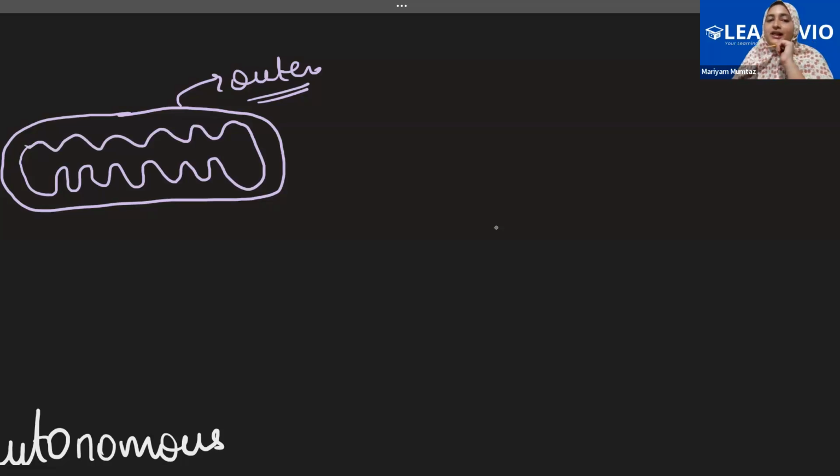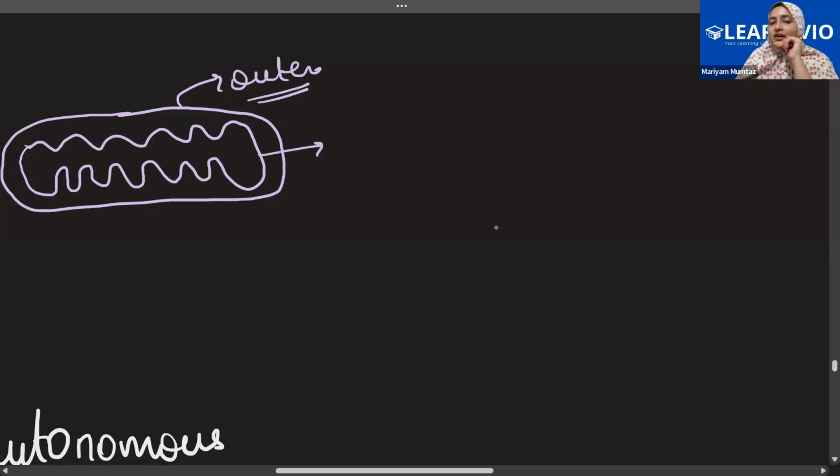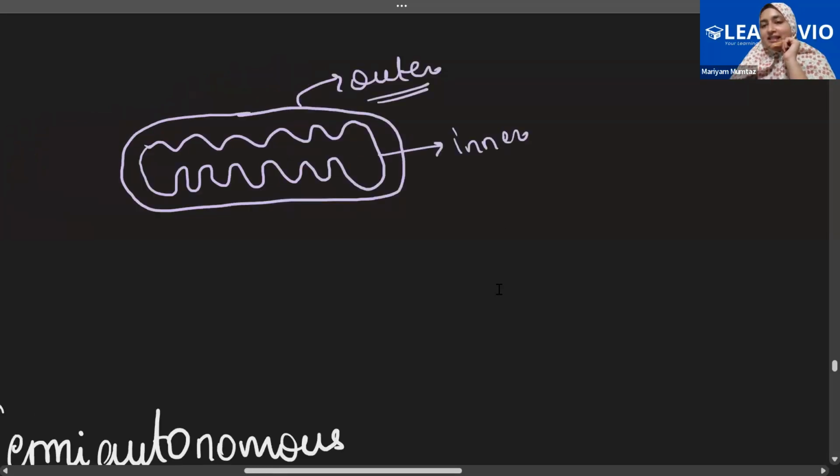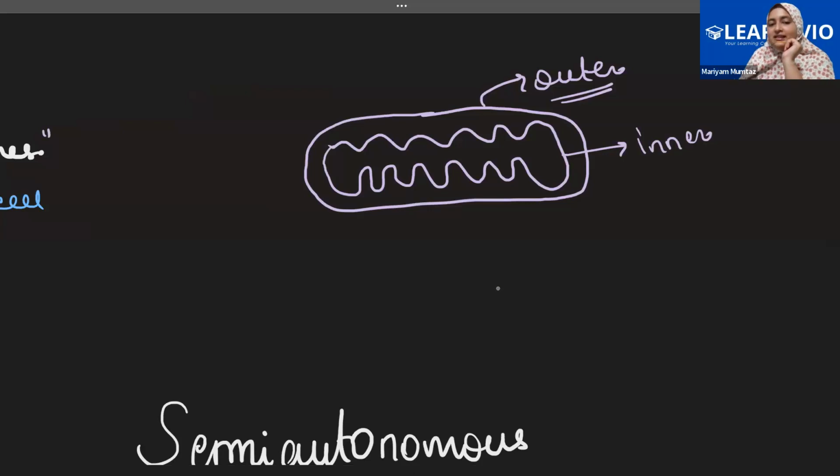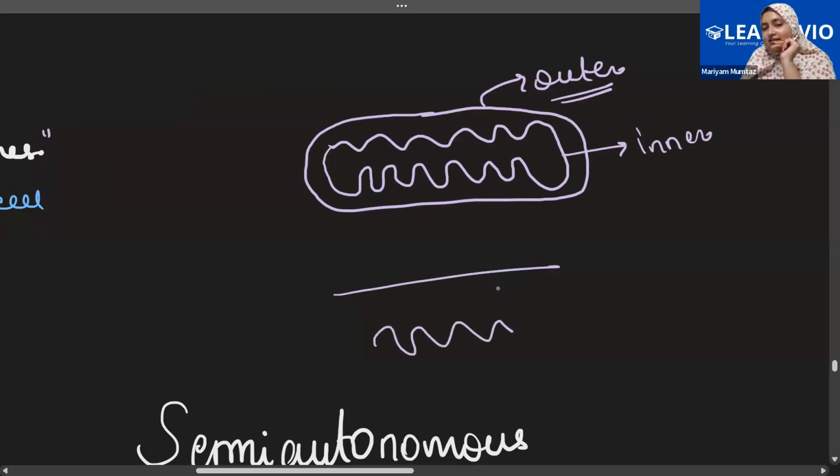Now, would you call the inner membrane continuous or discontinuous? Continuous. No, it's discontinuous. The inner membrane is discontinuous. The outer membrane is continuous. Now, can you see the ridges? There is a difference between this and this, isn't it?